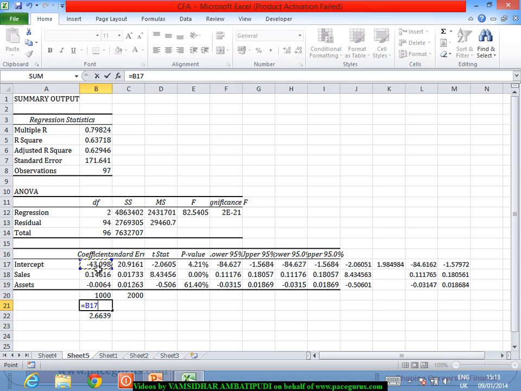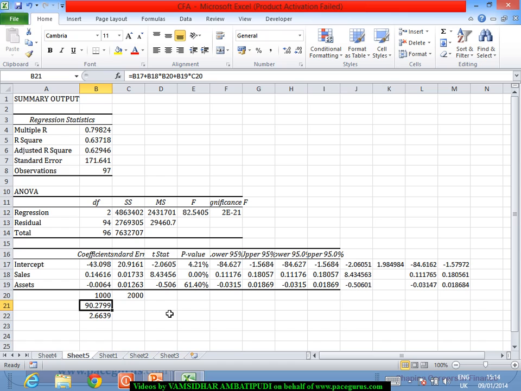Then I can say minus 40 plus 0.14 times the sales minus 0.0064 times the assets. So this should be the profit that the company should expect in case the sales are 1000 and the assets are 2000.